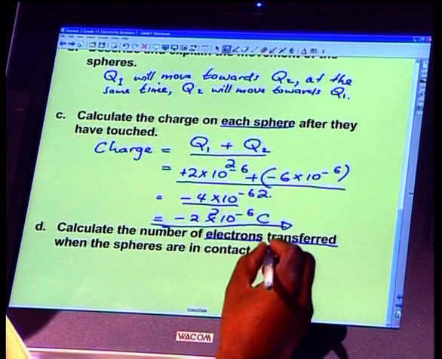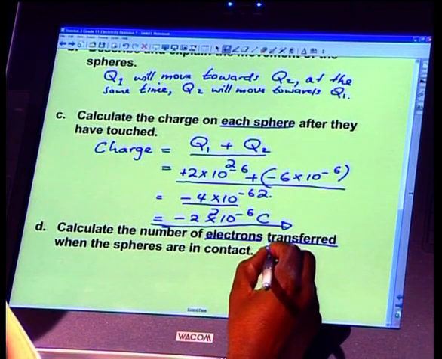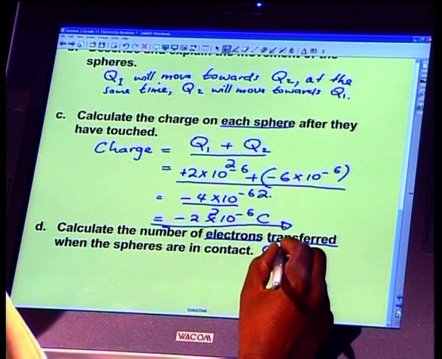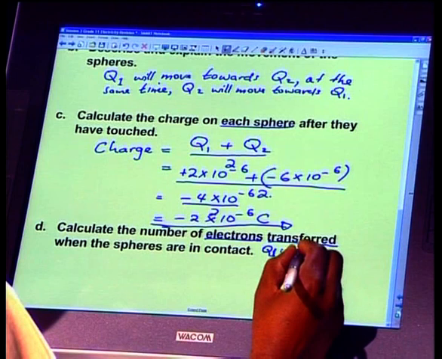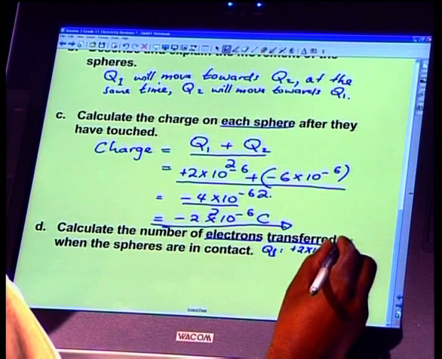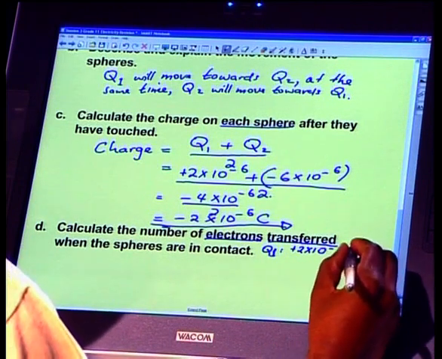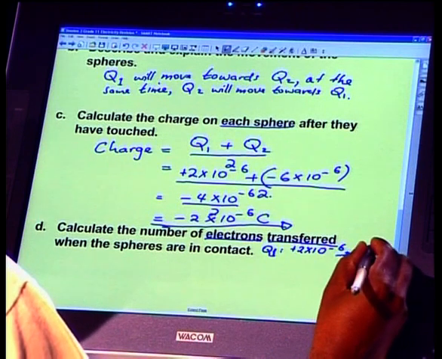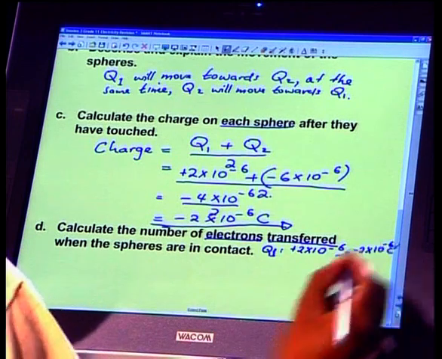Q1 started with a charge of plus 2 by 10 to the power minus 6. It is now at, so this is the new charge, minus 2 by 10 to the power minus 6 coulombs.